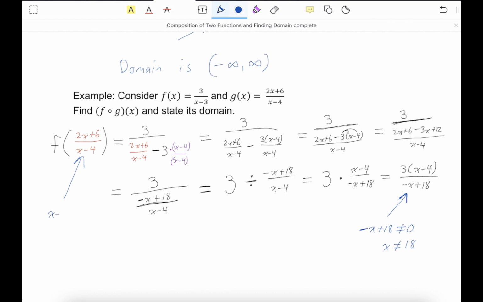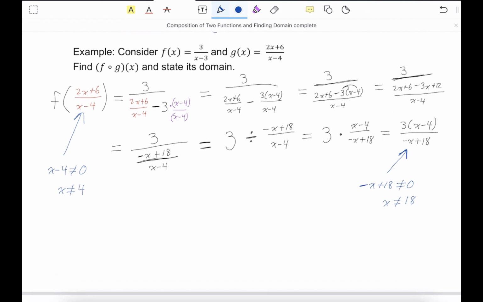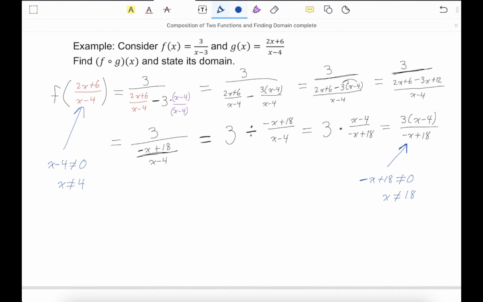We have x minus 4 cannot equal 0. We add 4 to both sides and we get x cannot equal 4. So two domain restrictions, but all the other numbers work, and we can say the domain is from negative infinity to 4, and then from 4 to 18, and from 18 to infinity. So just discluding those two numbers, 4 and 18.